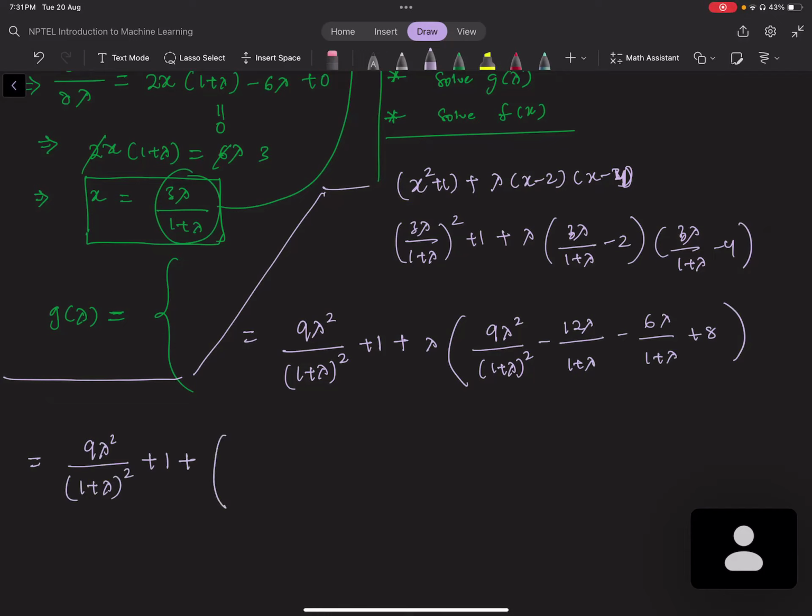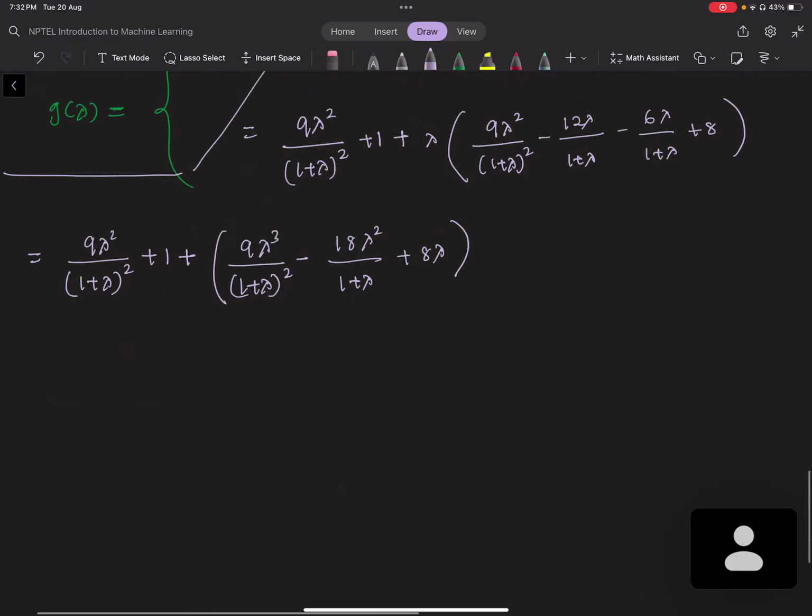if we multiply this lambda with this one, it will be 9 lambda cube by 1 plus lambda square, minus this lambda with this. So it will be minus 18 lambda square by 1 plus lambda, plus 1 plus 8 lambda.